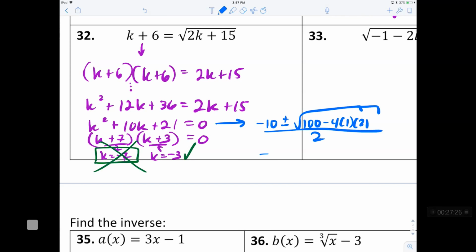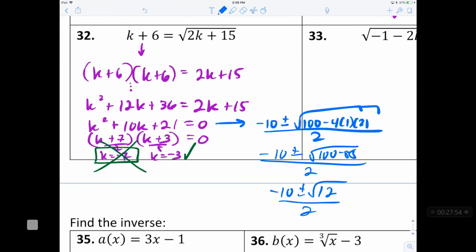Now -10 plus or minus square root of 100 minus 88, all over 2, and then I get -10 plus or minus 12 all over 2.